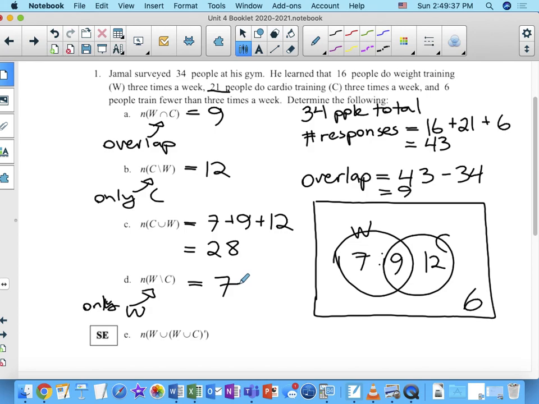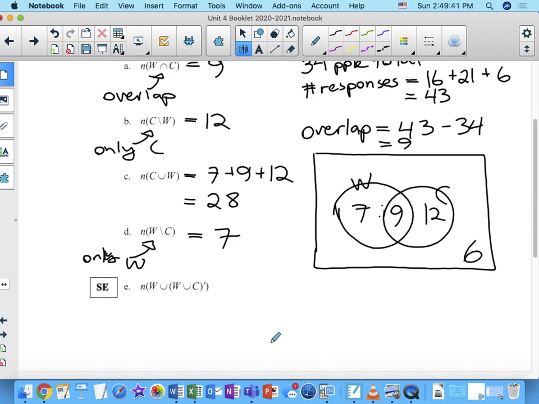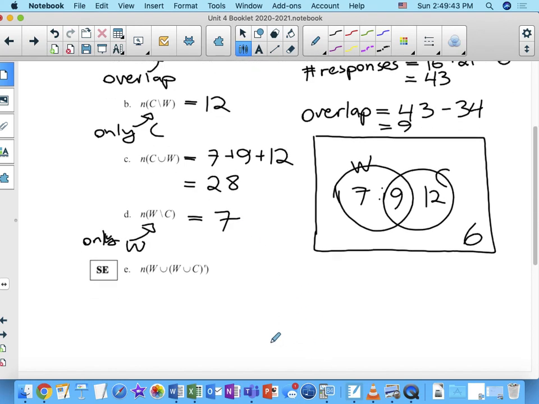Okay, and then the number of people in W union C complement. All right, well, this is a little tricky. So what I would suggest doing here is let's just pick each of these apart, and I'm actually going to draw each one. So if I look at W, that's this part.